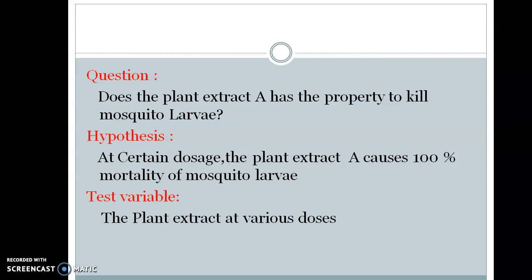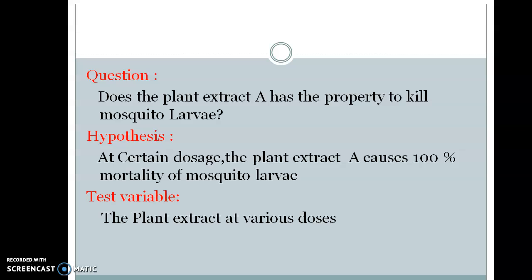For example, does the plant extract A have the property to kill mosquito larvae? This is our question for a particular experiment. And based upon this question, we are making a hypothesis that at a certain dosage, the plant extract A will cause 100% mortality of mosquito larvae.